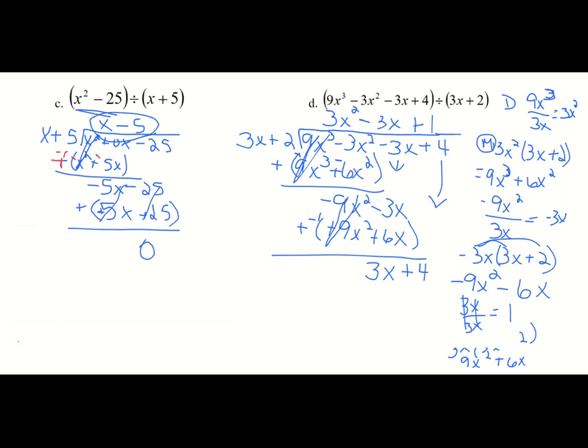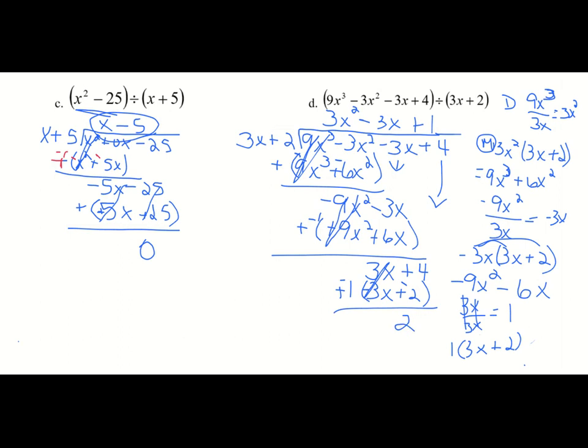When we do our multiplication, it's actually going to be 1 times 3x plus 2, which is just going to give us 3x plus 2. Sorry about that mistake. So again, when I distribute that negative 1, it's going to be a negative 3x and a negative 2. So the 3x's will cancel, and 4 plus negative 2 will leave me with a positive 2.